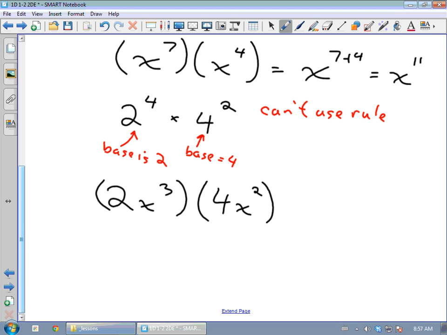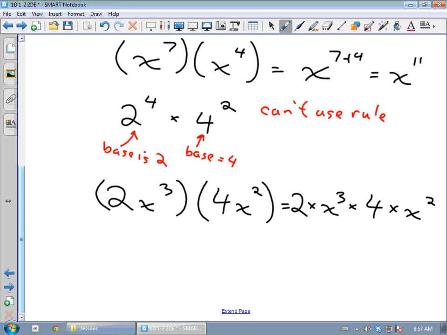Well, the way to think about it is to say, this is basically 2 times x cubed times 4 times x squared. So let me just write that out. It's 2 times x cubed times 4 times x squared.